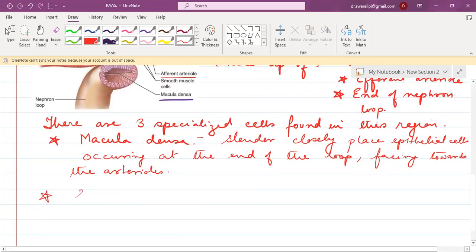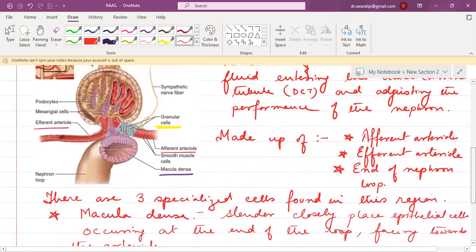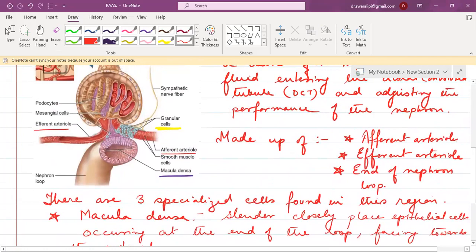I am going to write granular cells, or rather I'll use the word juxtaglomerular cells. As it is a cell of this juxtaglomerular apparatus, it is associated with it, and as it is very close to the glomerulus, it is called juxtaglomerular cells, also known as granular cells.